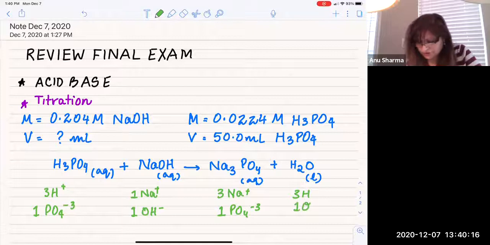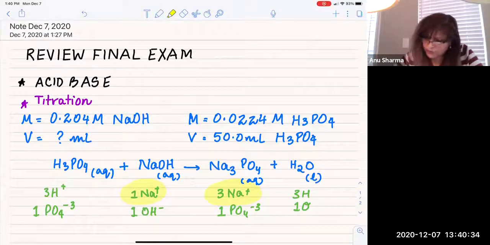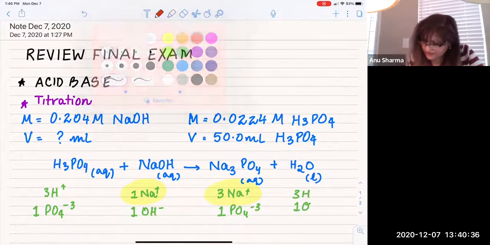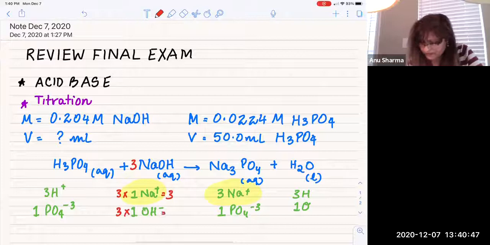Now comes the question: what is not balanced? If you look at it, sodium is 1 here, sodium is 3 here, right? And another thing that is not balanced is maybe oxygen. So let's look at this. Sodium is 3 on one side, so you will have to add 3 here. Now this makes 3 sodium. So 3 times 1 is equal to 3 sodiums, and 3 times 1 OH makes it 3 OH ions.